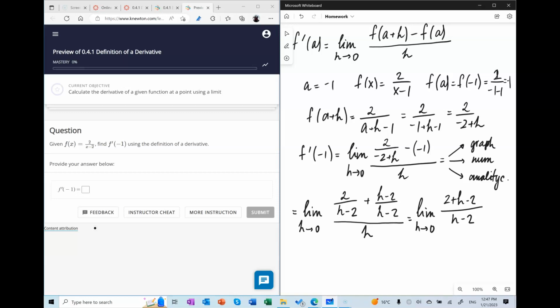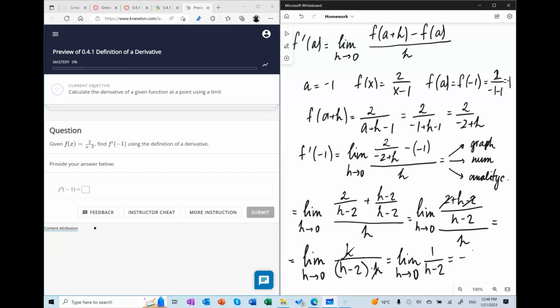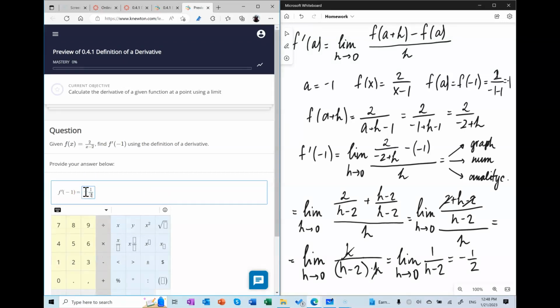We have that written as a single fraction, and then all that divided by h. Once again reducing these, we have h divided by h minus 2, and I'm just going to write it as a single fraction. But you can see how the h's cancel now, and we have the limit of 1 over h minus 2 as h approaches 0, and that is simply negative 1/2. So the answer is negative 1/2.